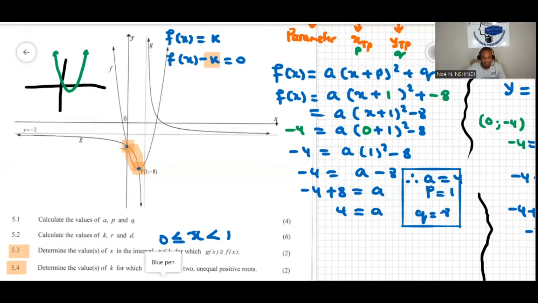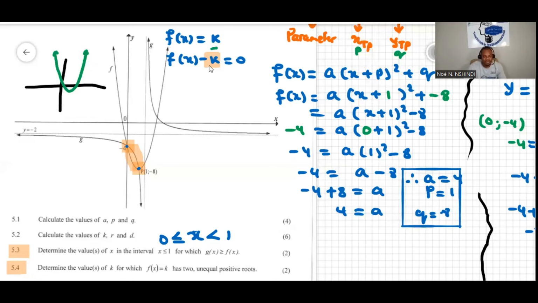The graph is shifted up if we add a positive number, and it is shifted down if we add a negative number, which means we subtract a positive number.